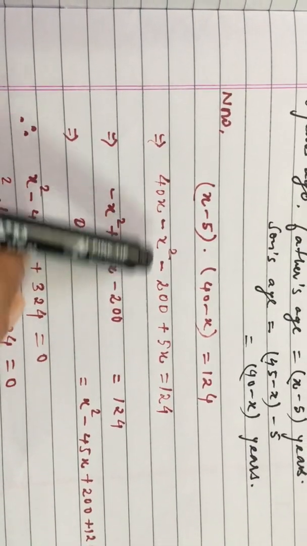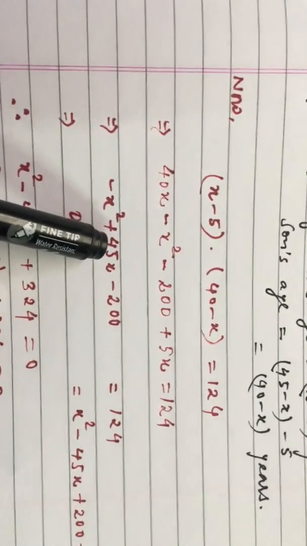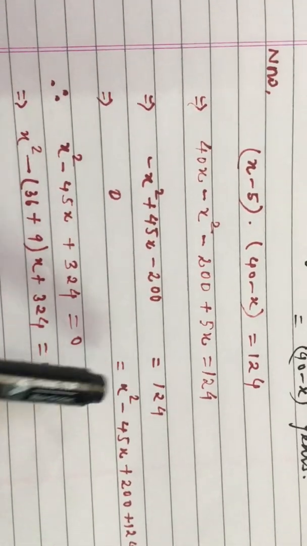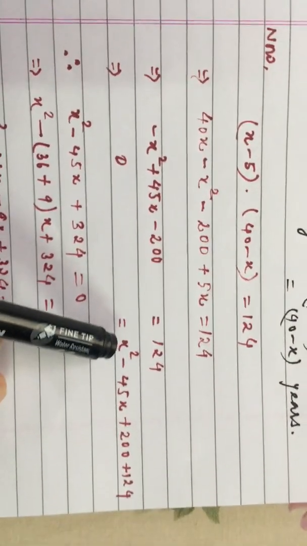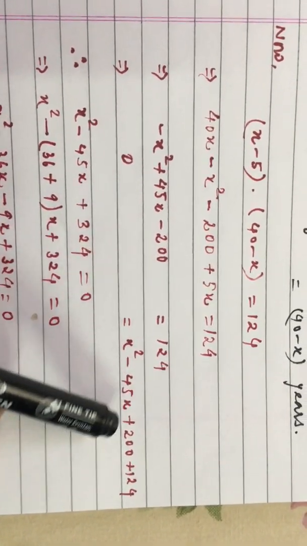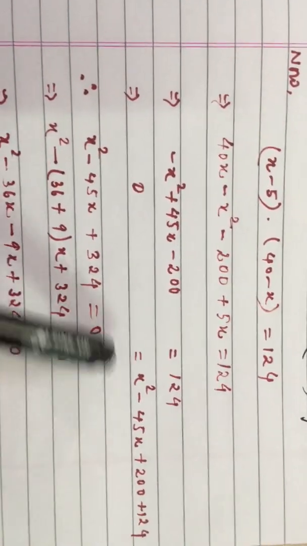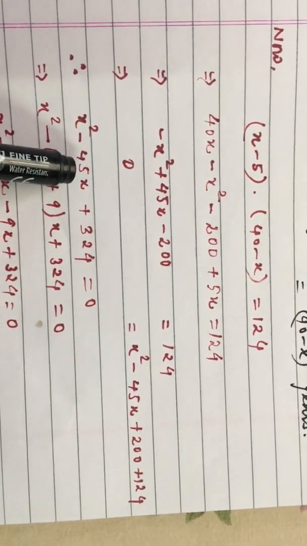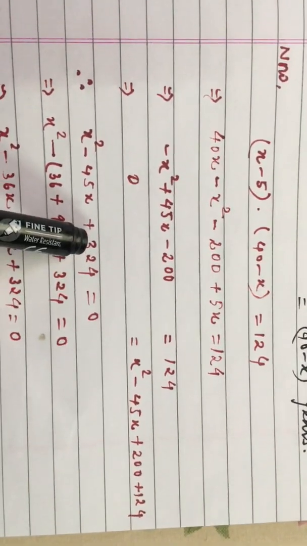Minus x square, 40x plus 5x, 45x, minus 200, equals 124. Minus x square on this side becomes plus x square, plus 45x becomes minus 45x, minus 200 becomes plus 200, plus 124. x square same, minus 45x same, 200 plus 124, 324.